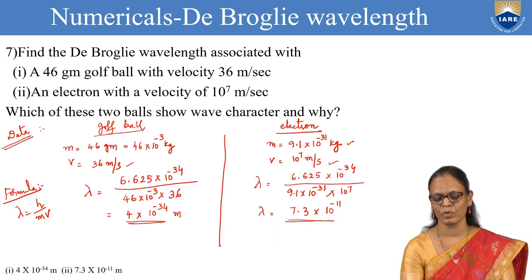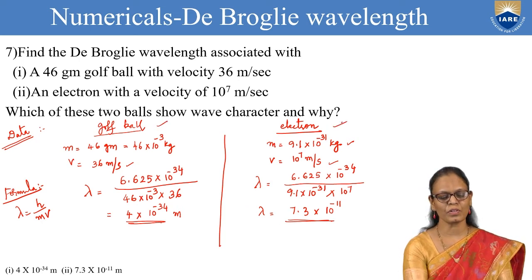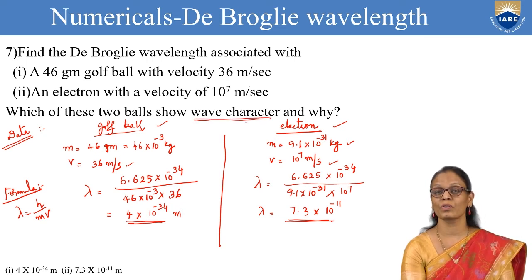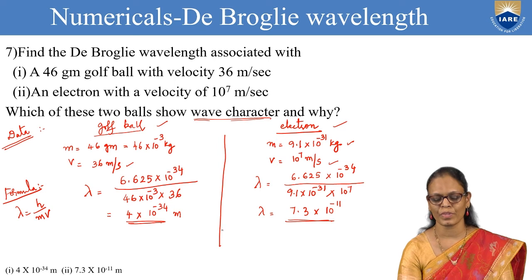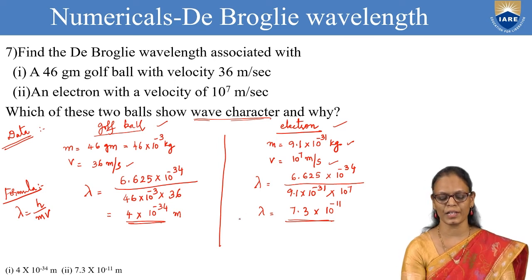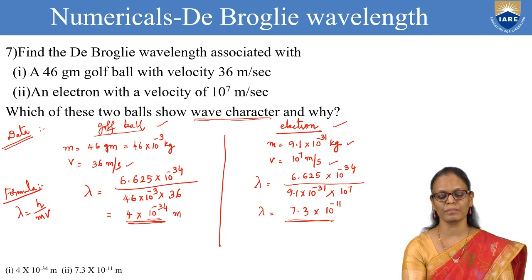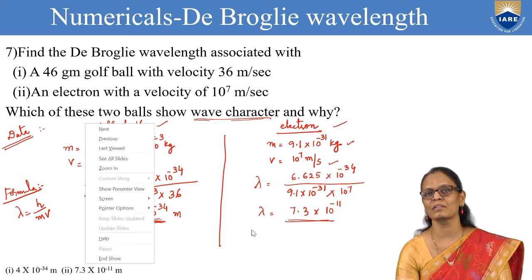Now we have got the wavelengths of the golf ball as well as the electron. We need to compare which of these two show wave character. You have to recall the concept: if the wavelength is comparable to the size of the object, then only you will be able to see the wave character.